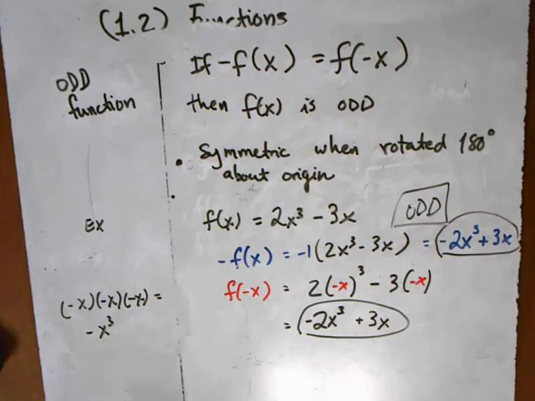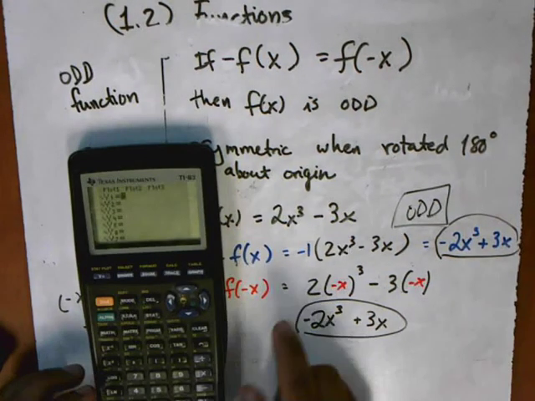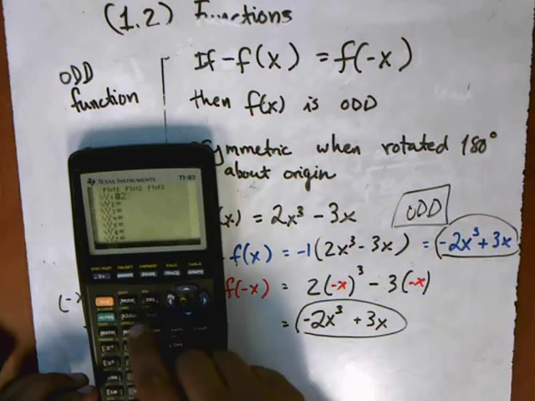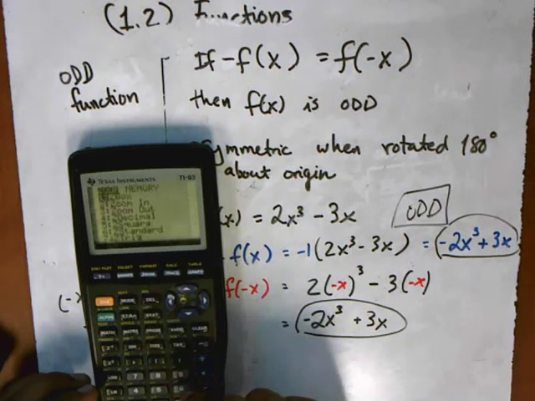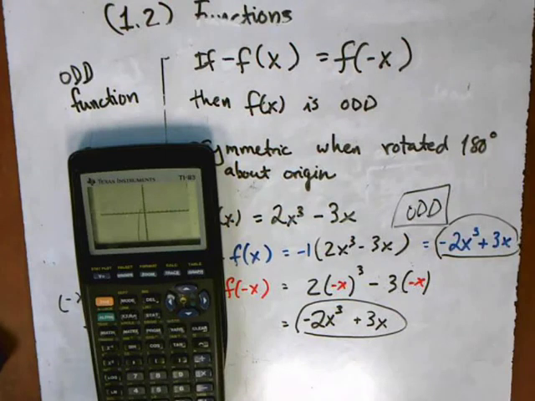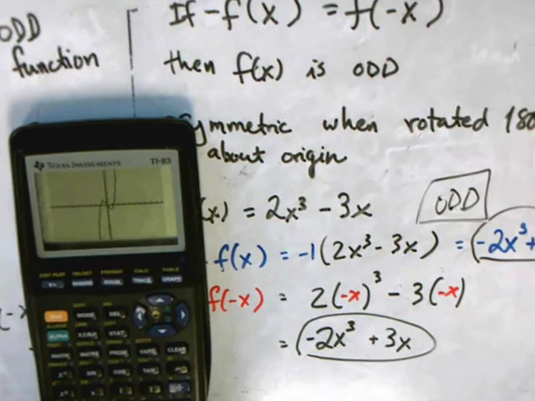And we can certainly verify all of this on a graphing calculator. Let me type in the original function, 2x to the third minus 3x, and we'll graph in the standard window. You can see that graph right there. Let me zoom in just a little bit.